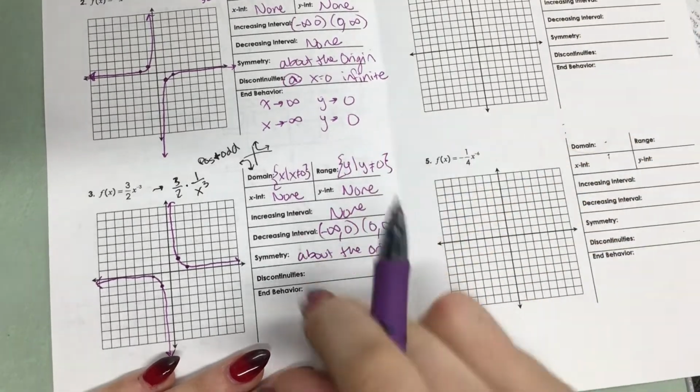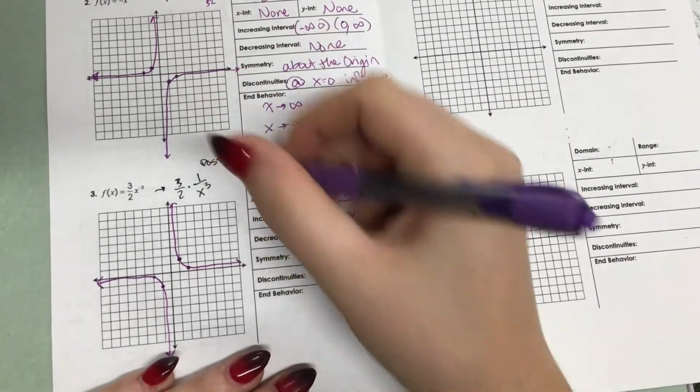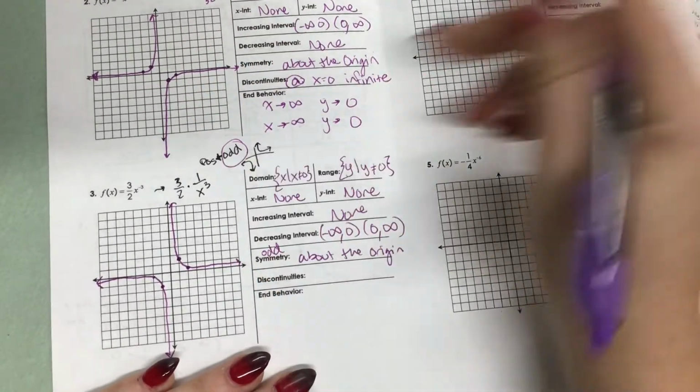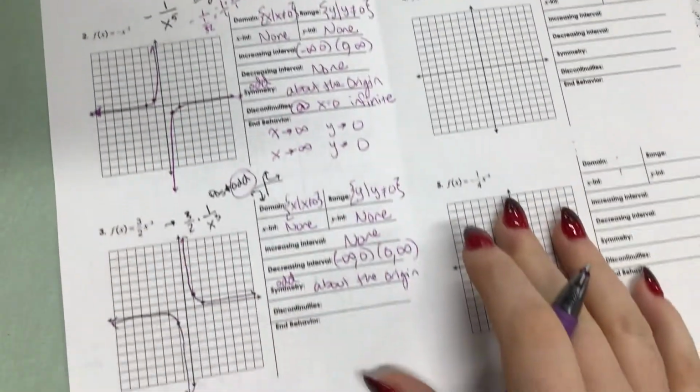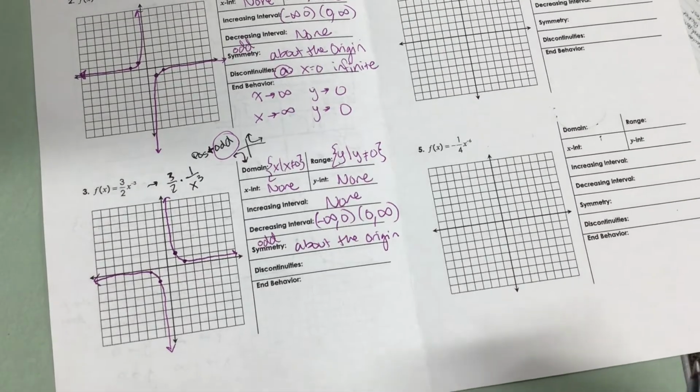A big takeaway of how you know it's going to be symmetric about the origin is if it's odd, just like this one was odd. Meaning their tails are going to point different directions, so there's no way it can be symmetric about the y-axis.